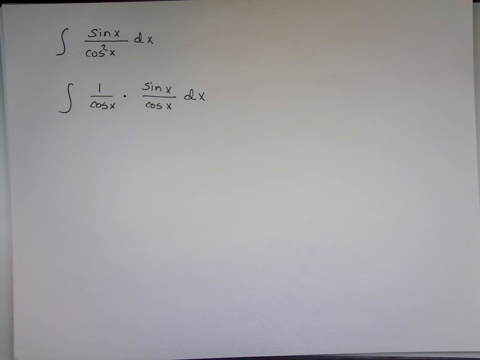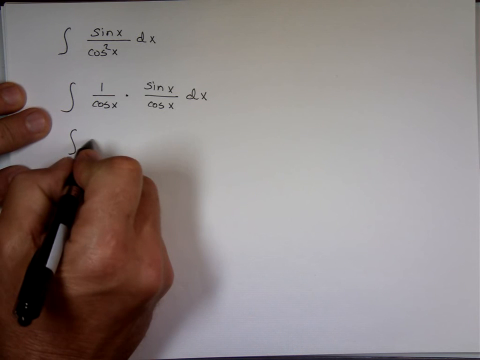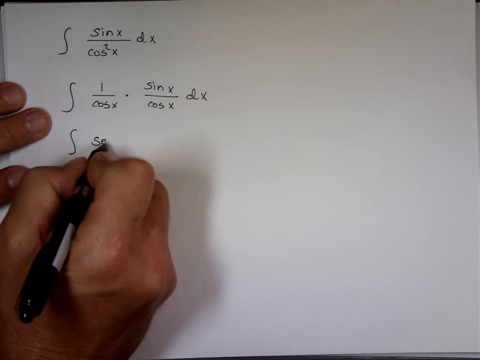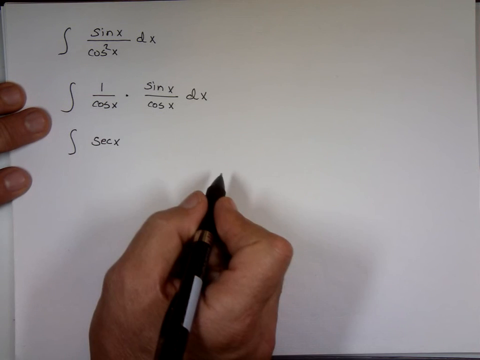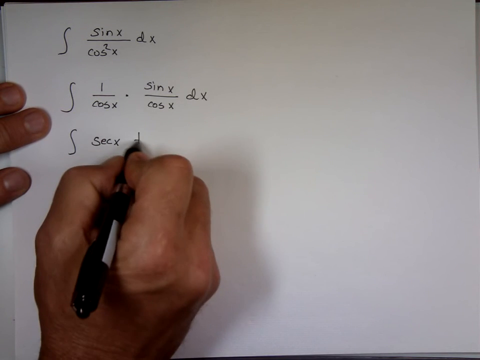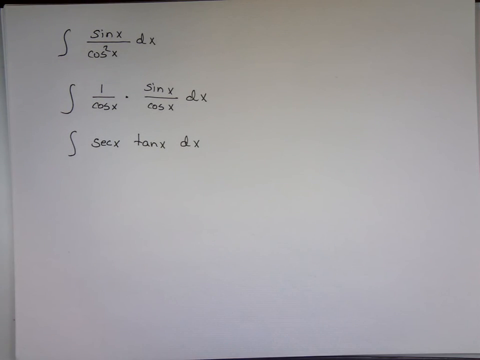What's 1 over cosine? Secant x. What's sine of x over cosine? Tangent x. Now I bet you know the answer. Who has a derivative equals secant tangent?